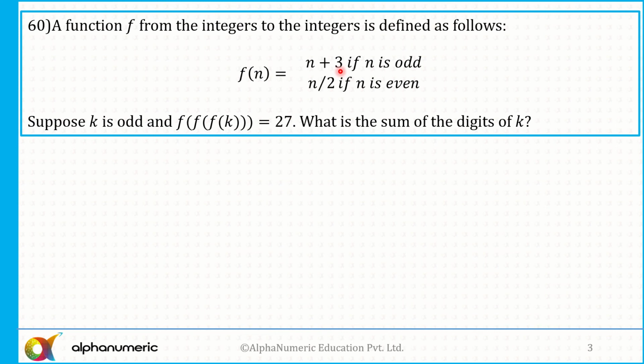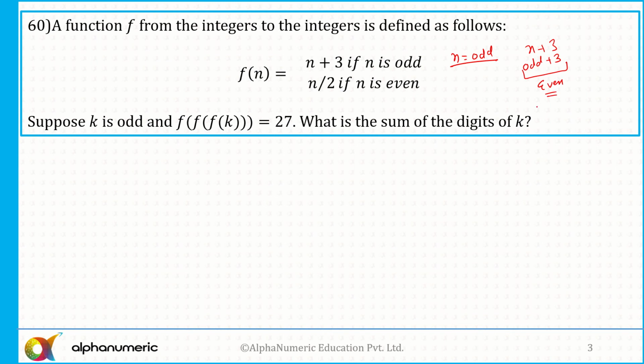So can I say in this case n is odd? Whenever n is an odd number, I need to use n plus 3. So this is an odd number plus 3, and 3 is an odd number. So any odd number, if you add 3, that is an even number.